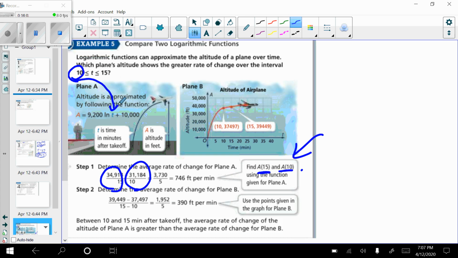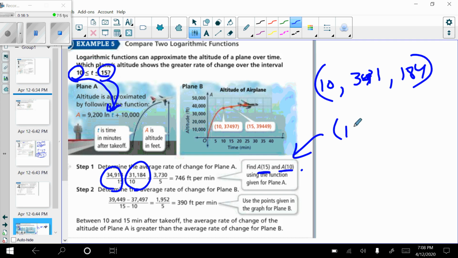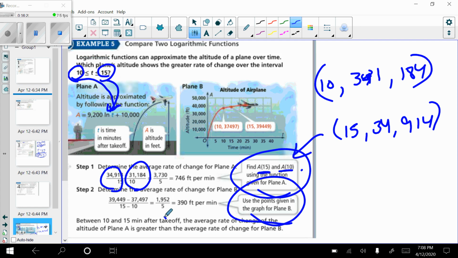When you do, your input will be 10, your output will be 31,184, and that's an ordered pair. And then it also says plug in 15, so you plug in 15 here, and you get 15, 34,914. So that's how they got all this. Make sure you read these things over here. They give good hints. Read everything.